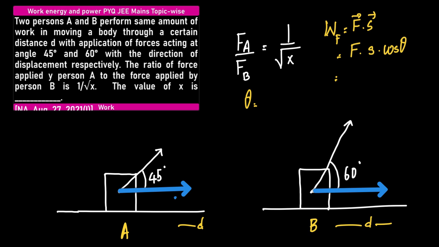So this theta here is not 45 degree. So for person A, theta is not 45 degree. For person B, theta is not 60 degree. This is something most students make a mistake on, but fortunately, the answer would be correct even if you go by that mistake. So it really doesn't mean that both of them represent the corresponding angles. Okay, why? We will have a look into that.